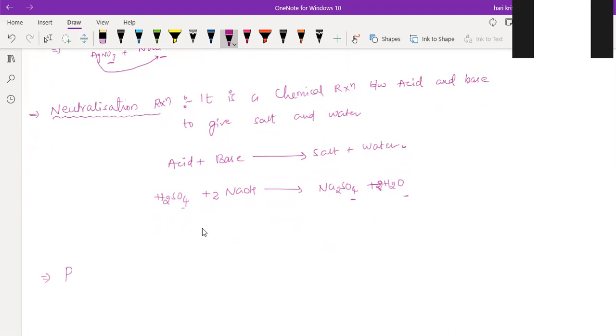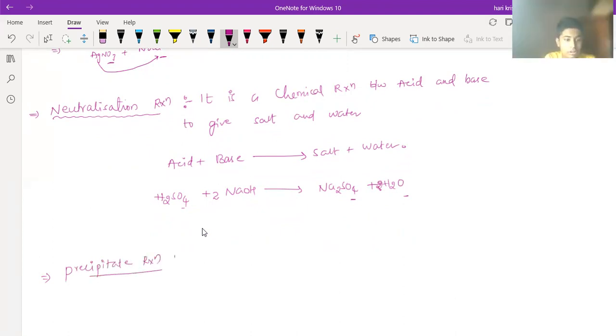What is the meaning of precipitate? At the bottom of the test tube after the reaction takes place, whatever insoluble substance is formed at the bottom of the test tube is called a precipitate.